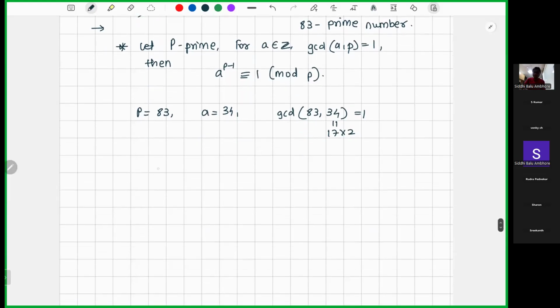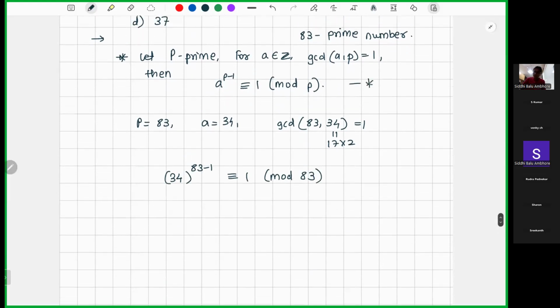So using this theorem, we have 34 power 83 minus 1 congruent to 1 mod 83.